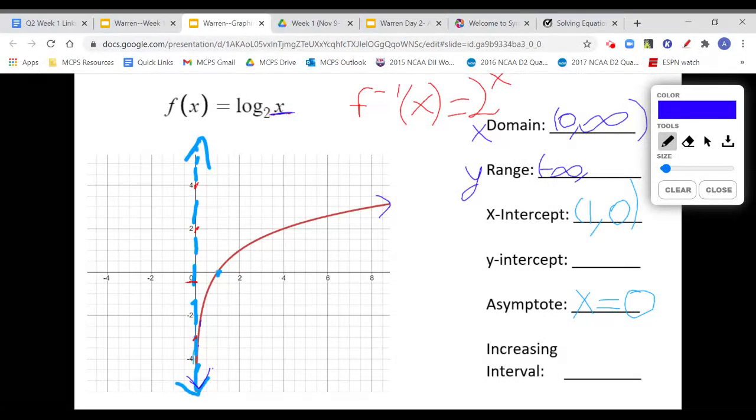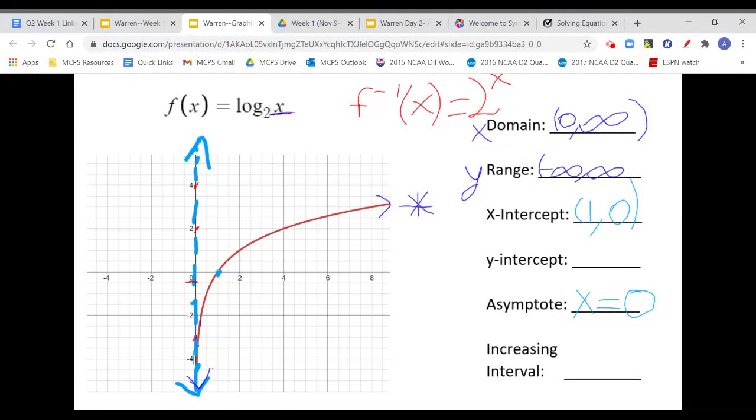And if I look at the topmost part of this function, which is over here, I see that this arrow is pointed mostly to the right, but also slightly up, which means that this is going to continue up forever as well. So since it starts at the very bottom of the graph, goes forever towards the top of the graph, that means that the range is in fact negative infinity to infinity.